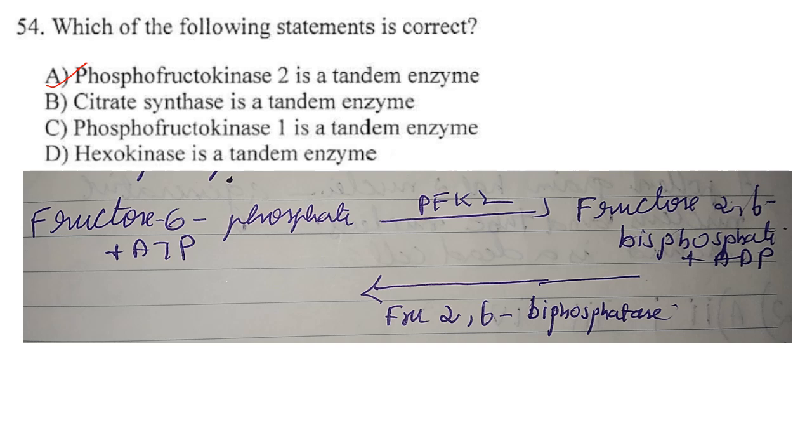That is fructose 6-phosphate plus ATP getting converted to fructose 2,6-bisphosphate plus ADP. And the other has phosphatase activity, that is fructose 2,6-bisphosphatase activity. So it will convert fructose 2,6-bisphosphate to fructose 6-phosphate. So they are a pair of opposing enzymic activities resident in the same polypeptide chain, known as tandem enzymes. So phosphofructokinase 2 is a tandem enzyme. Answer is option A.